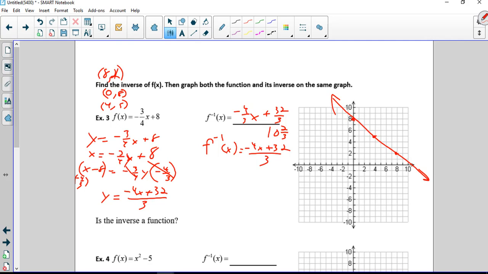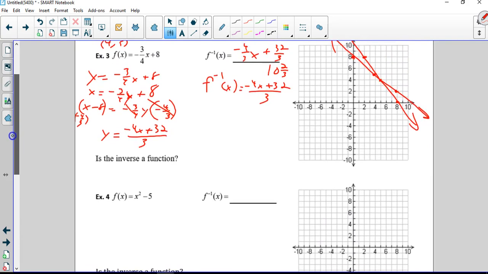So we're going to put (2, 8), (5, 4), and (8, 0). And then we're just going to connect those dots. And there's your inverse function. Sometimes slope-intercept will be easy to graph, and sometimes it's going to be difficult. So we just switch the x and the y, and we have our graph.